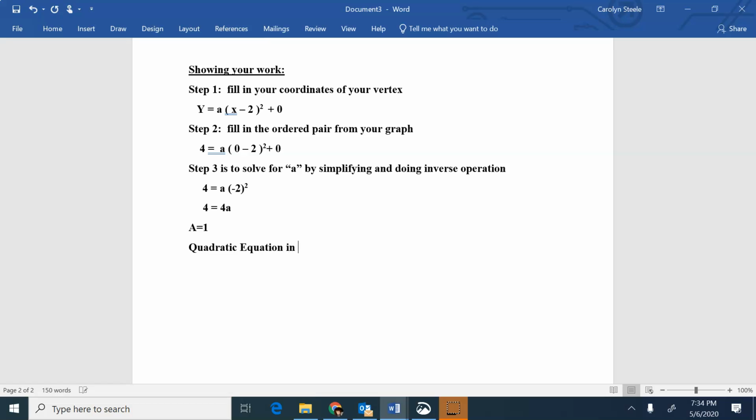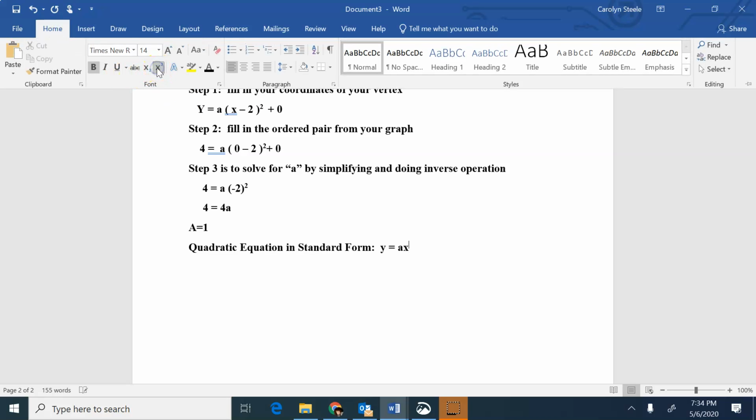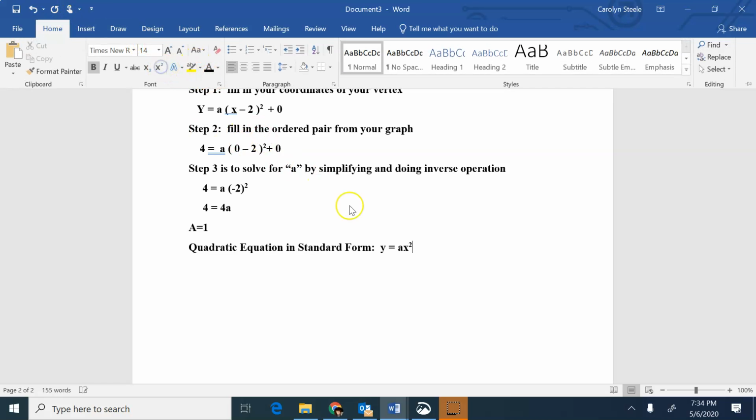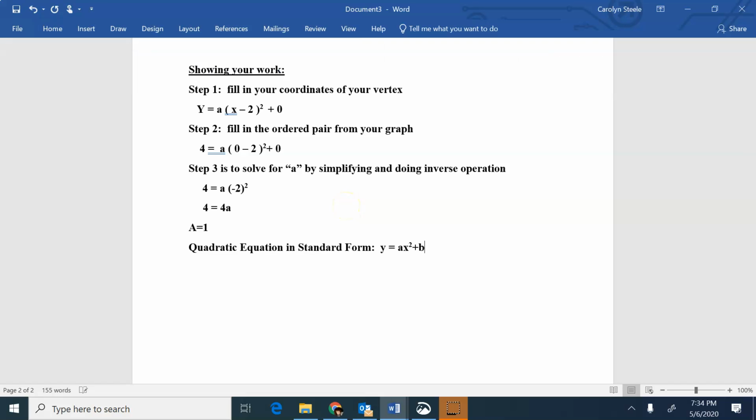This is a quadratic equation in standard form. It looks like this: y, or f of x, is equal to a x squared plus bx plus c.